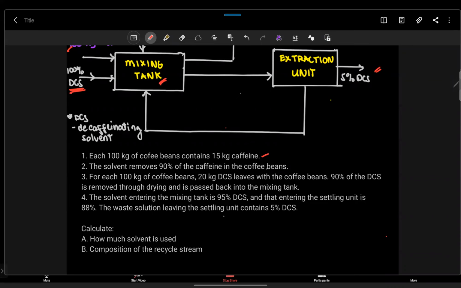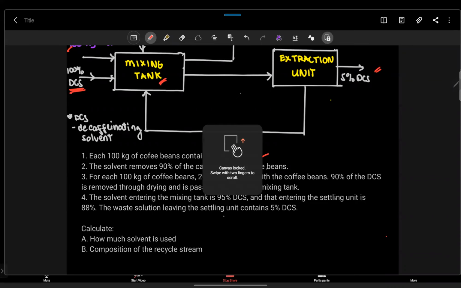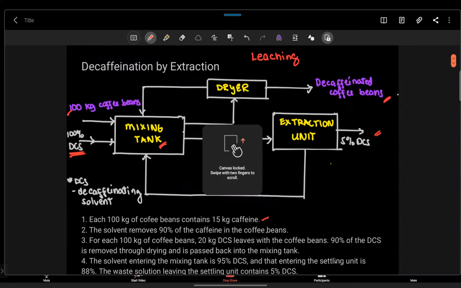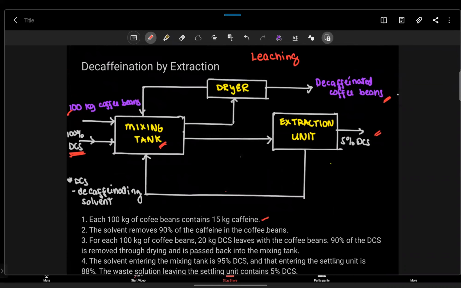Di ba meron tayo ditong 100 kilograms ng coffee beans. So kada 100 kilogram daw niyan, merong 15 kilogram na caffeine. So ang gagawin ko, isusulat ko na ngayon yung composition dito sa ating feed na 100 kilogram ng coffee beans. So ibig sabihin, 15 kilogram daw.